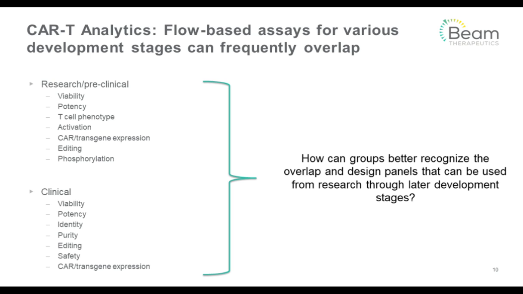And as you transition from this research and preclinical phase to a more clinical-focused development phase, those same assays can be given a different name and serve a clinical or regulatory purpose for the viability or identity, purity, and safety. And I think it's important to recognize this overlap early on in the development process so that you can design panels that can be used from research through clinical.